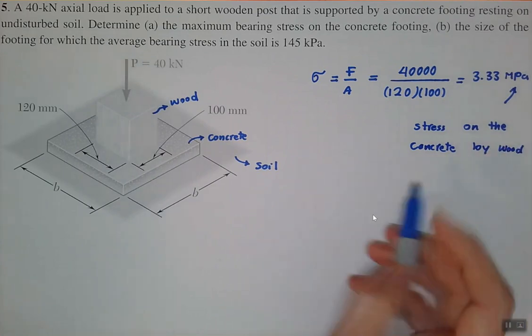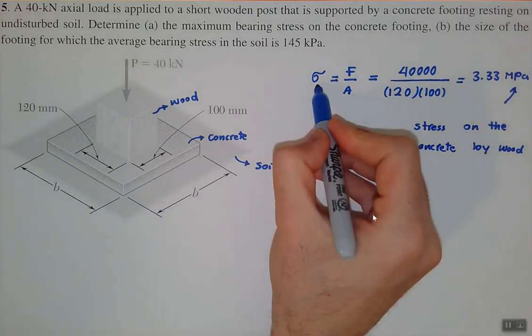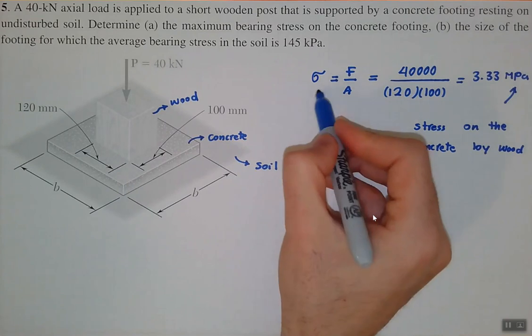This is the stress that wood creates on the concrete. Let's call it sigma 1.